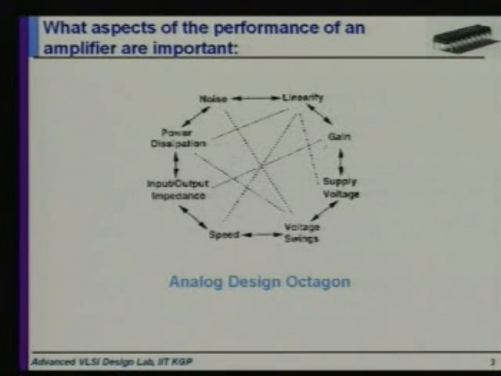For a given specification, we can sacrifice one of the performance parameters, for example sacrificing the noise performance of that particular amplifier because we want to increase the voltage swing at the output, or sacrificing speed with respect to linearity. But for any given specification, you have to define this octagon very specifically. You have to remember this octagon, but intuition and your analog design experience will also boost your design performance.